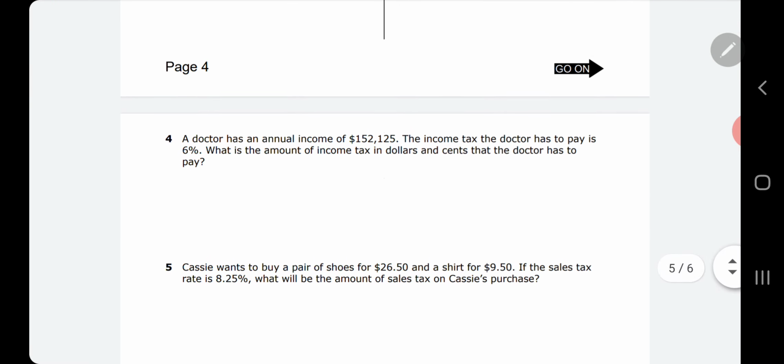A doctor has an annual income of $152,125. The income tax the doctor has to pay is 6%. What is the amount of income tax in dollars and cents that the doctor has to pay? So we're just trying to find the income tax.